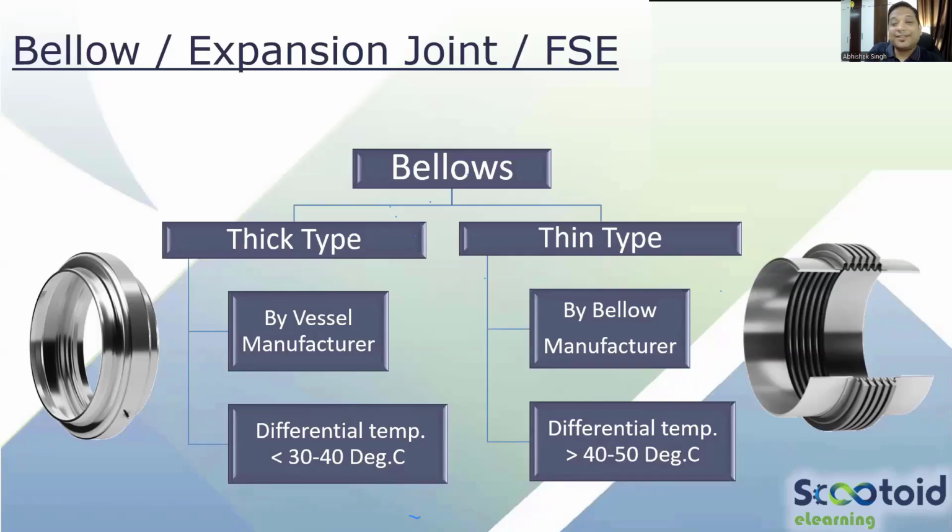So first you'll start with a thick bellow. Okay. Why would you start with a thick bellow? It's easy to manufacture. You can manufacture it at your shop. Design costs are not as high as earlier, so you can outsource that FEA to vendors like us. We can do the FEA work for you, and your design will be complete. So cycle time also will be controlled, and cost will be less.